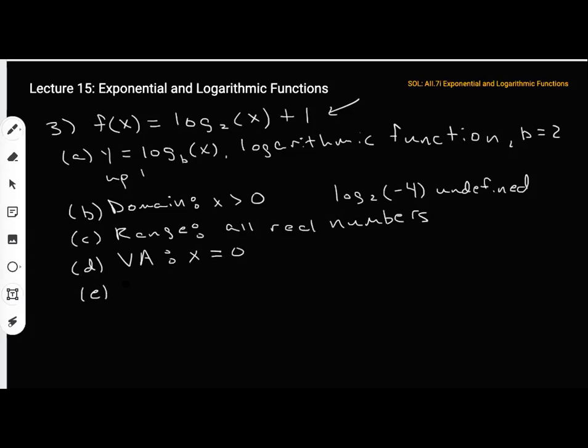For horizontal asymptotes, it's not going to have any because it doesn't behave like an exponential function would. So I'm going to write none. Okay. What about x-intercepts? X-intercepts. Does it have any? Also, y-intercepts.